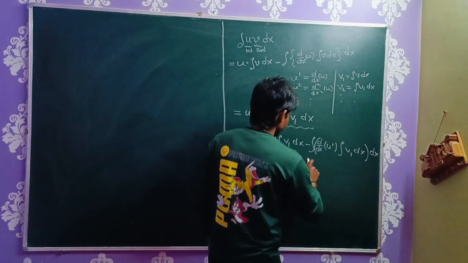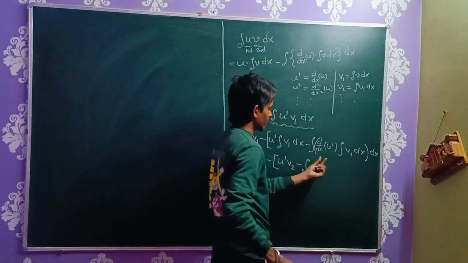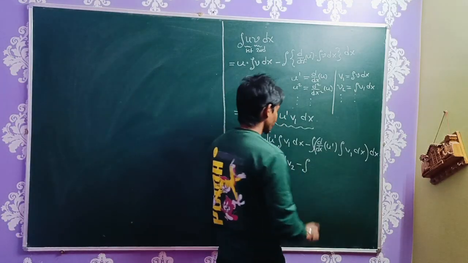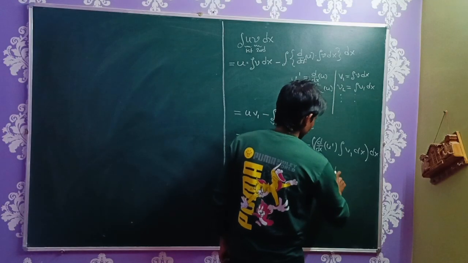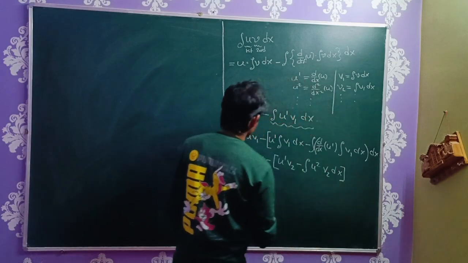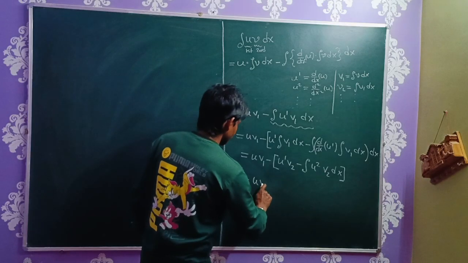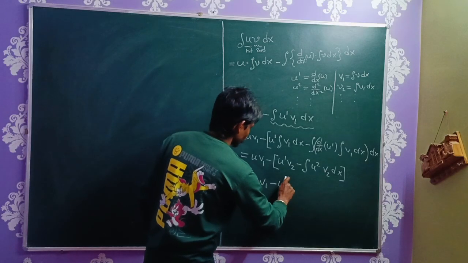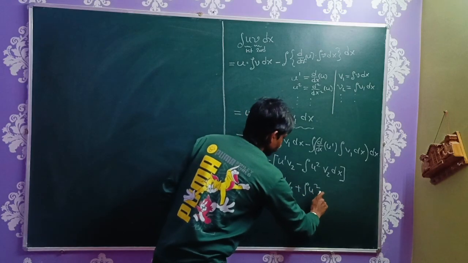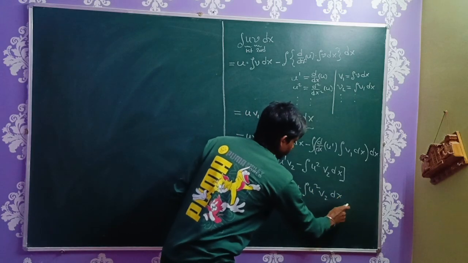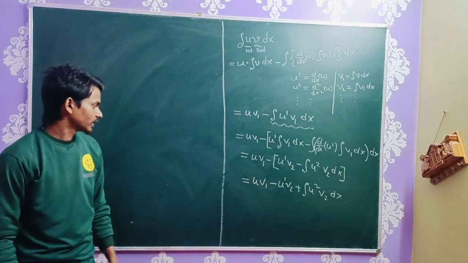Then minus the big integration sign, with the double derivative of u, which is my u2, times v2, dx. If you remove the bracket, you get u v1 minus u1 v2 plus the integration of u2 v2 dx. I hope you understand the pattern.